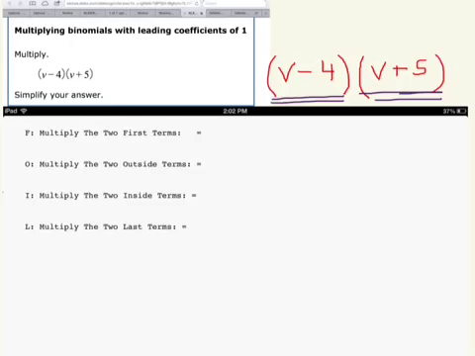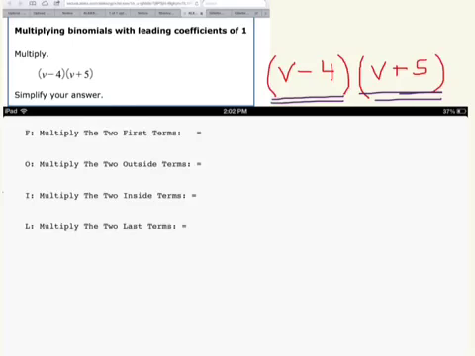And in order to do that, we've got a distributive property situation, otherwise known as a little taste the rainbow situation, which is happening. And what mathematicians have come up with over time is a word to help you remember the sequence in which you are going to multiply these two parentheses.